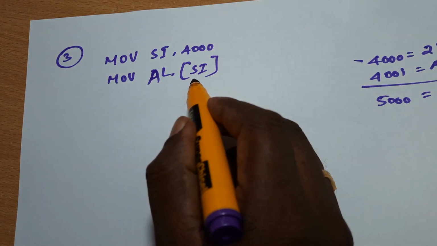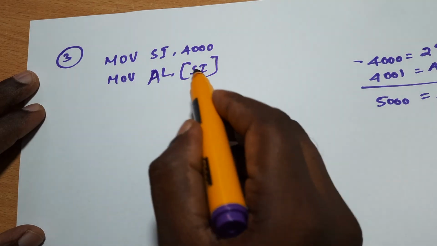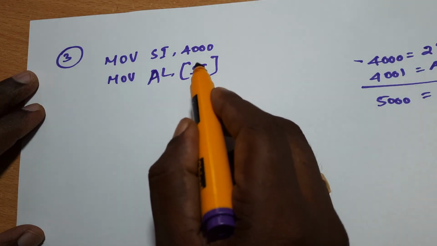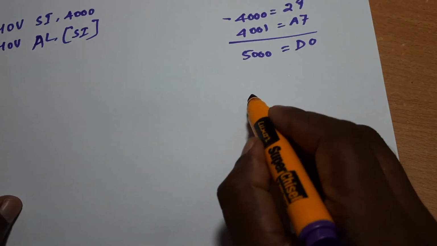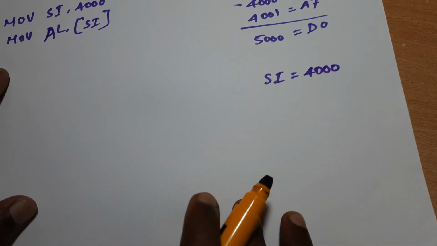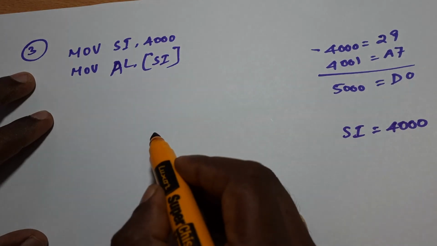It is not going to have a value, it is going to have a memory location. So the value at the memory location pointed out by SI is moved to the AL register.